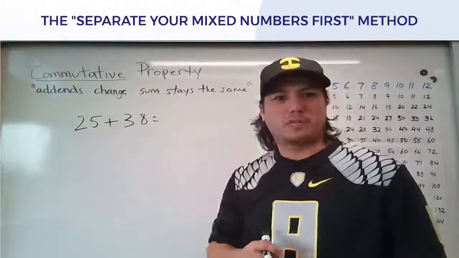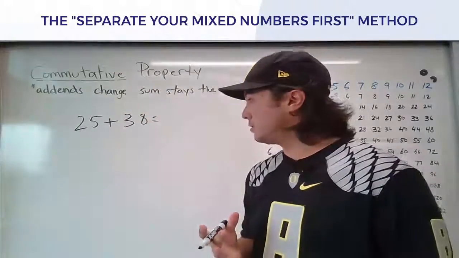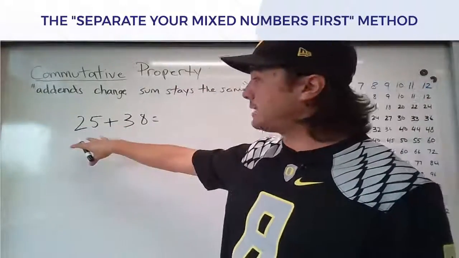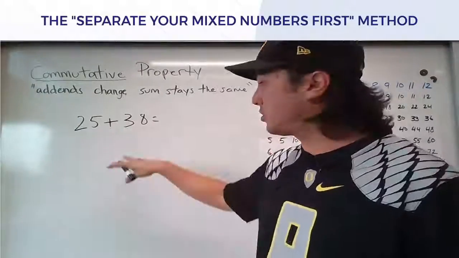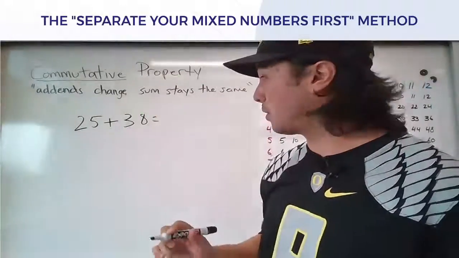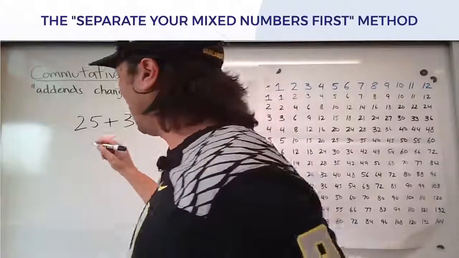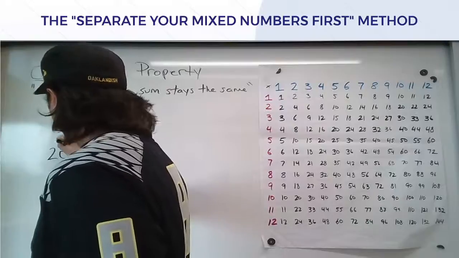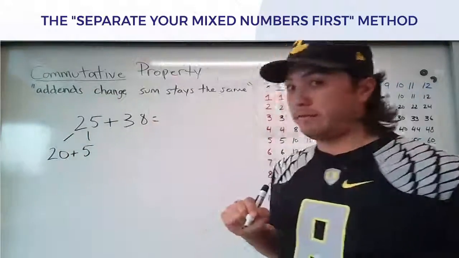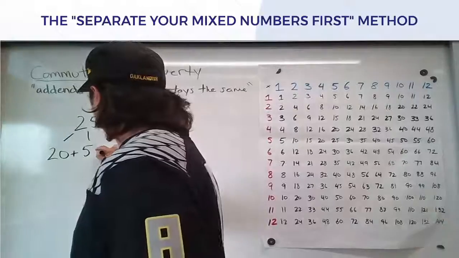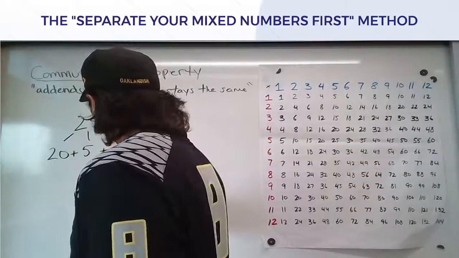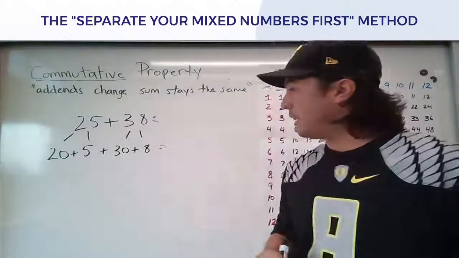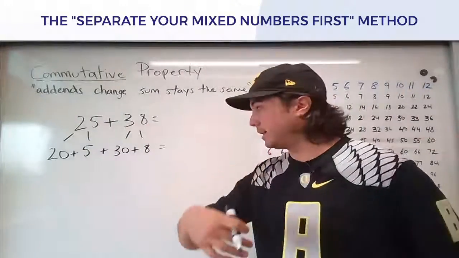Using this commutative property, first, using our place value knowledge, we can separate this 25 out and this 38 into expanded form. So we can rewrite our problem below as 20 plus 5, there's our expanded form there, plus 30 plus 8. We haven't changed anything, we've just expanded it out.